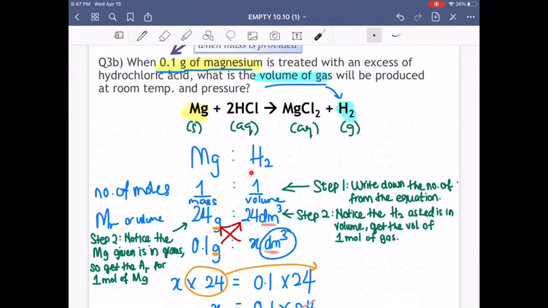If here is 1 mole, you need to convert to dm cube. 1 mole of any gas is equal to 24 dm cube. Meanwhile, on the left hand side for magnesium, you notice the magnesium given here is in gram, which is mass. So you need to get the Ar, the atomic mass, for 1 mole of magnesium. Since here is 1 mole of magnesium, 1 mole of magnesium is equal to 24.